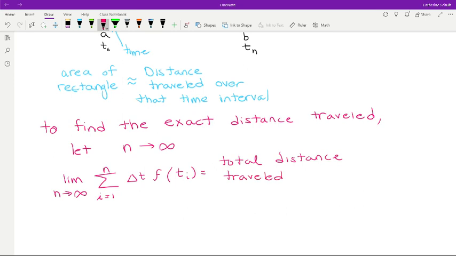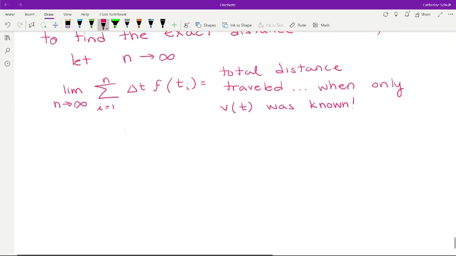And it's fun because we can figure out the total distance traveled when all we know is the velocity function. We don't know s, the position function.